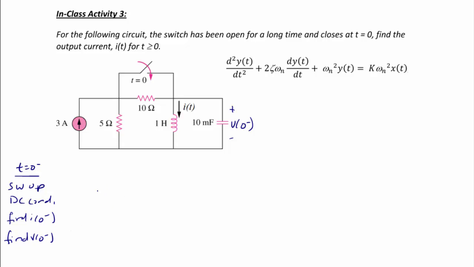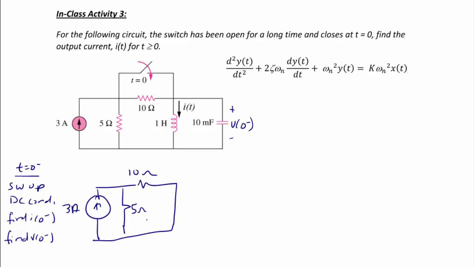So when I redraw the circuit, I have the 3 amp current source, the 5 ohm resistor, the 10 ohm resistor, and the inductor modeled as a short circuit because we have DC conditions, and the capacitor modeled as an open circuit because we have DC conditions.